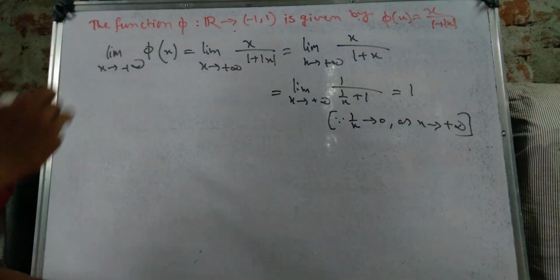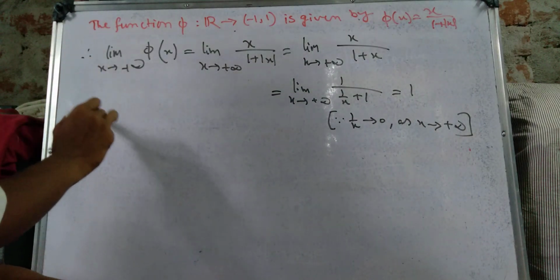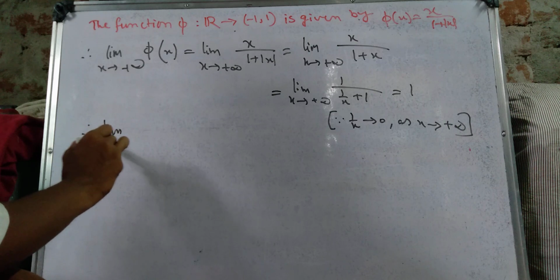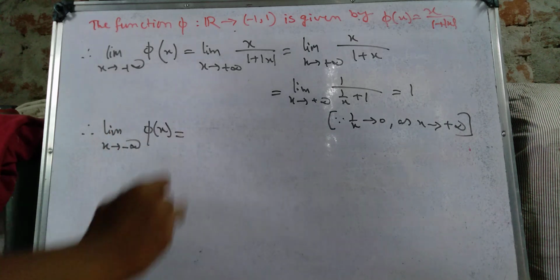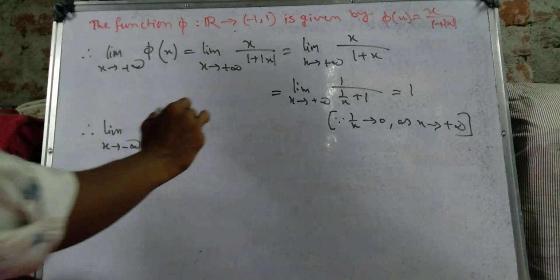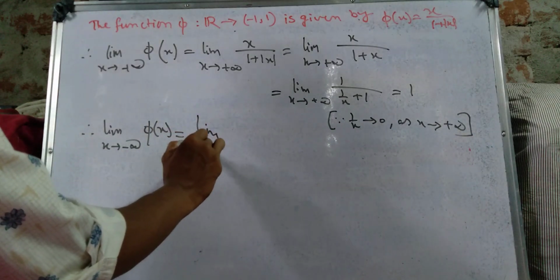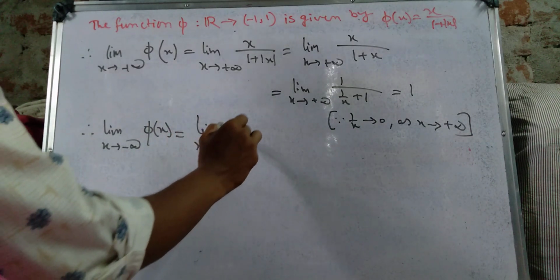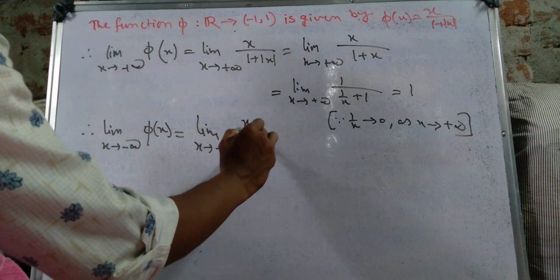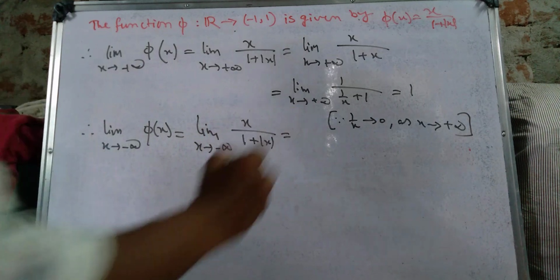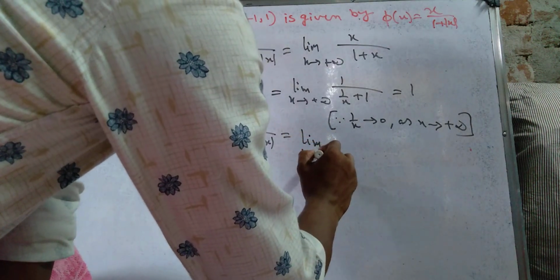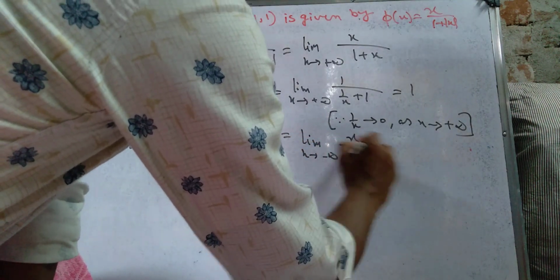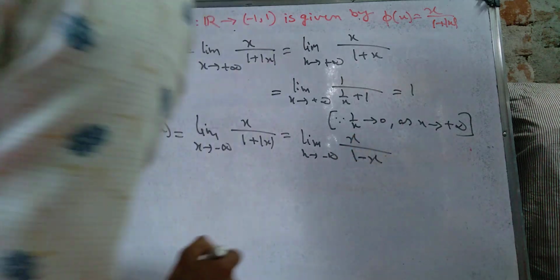Okay, another one, limit as x tends to minus infinity of phi x equals limit as x tends to minus infinity of x by 1 plus mod x. Then limit as x tends to minus infinity of x by 1 minus x.